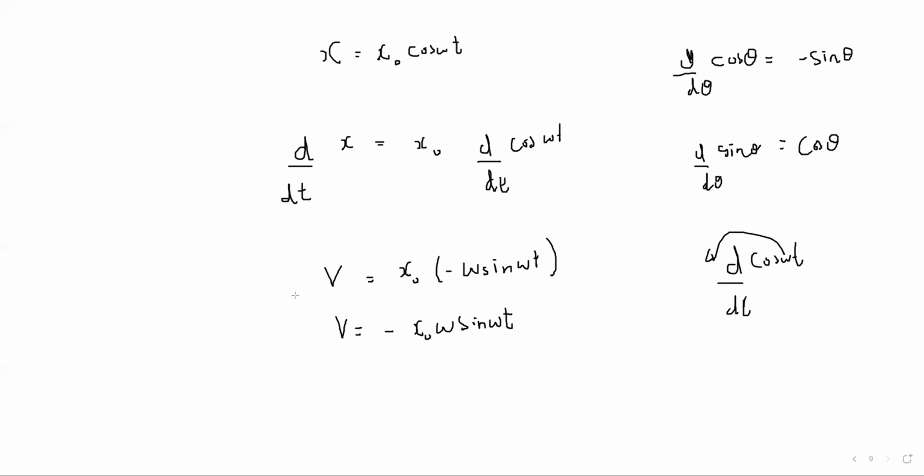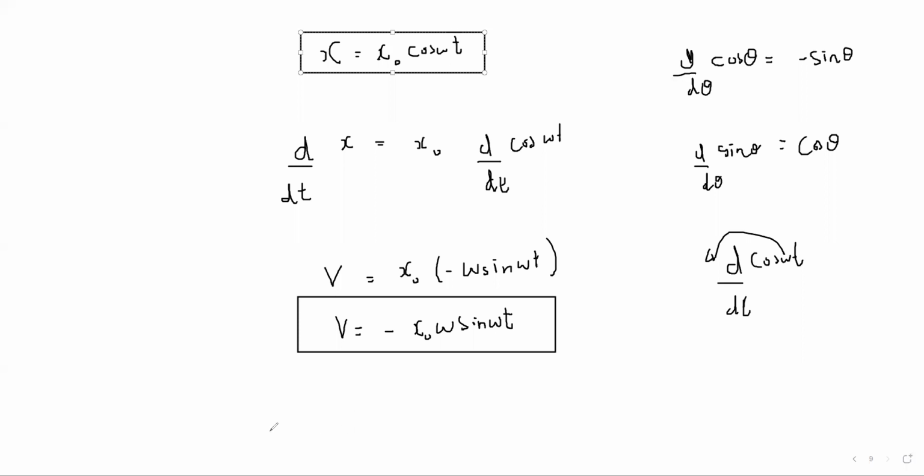If I need acceleration, I will take a derivative again. I'm writing the final result because there is less than a minute left. In the second session, I will explain how we will get the result. If I take a derivative of the velocity, it will be acceleration. It will be minus, and x naught and omega are constant.